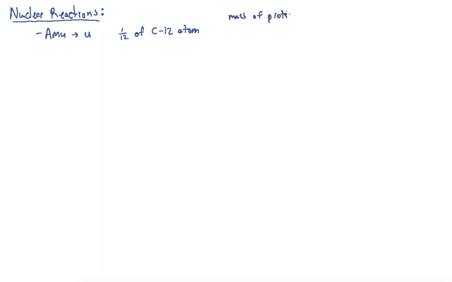It turns out the mass of a proton is approximately 1.00728 AMUs, so a little u there, and the mass of a neutron is about 1.008867 AMUs.